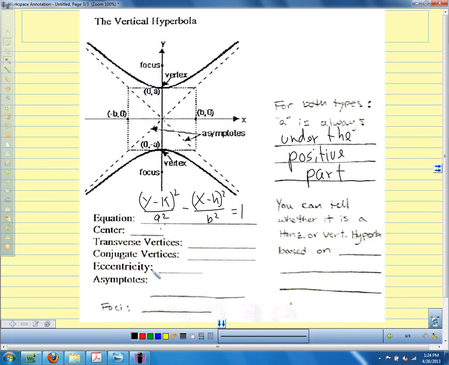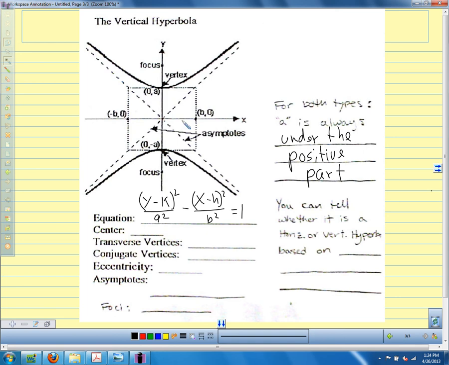Will there always be a positive and a negative? For a hyperbola, one is always positive and one is always negative. If they're both positive, then you have an ellipse. And we can tell if it's vertical or horizontal depending on which part is positive. So here the y is positive, so we have a vertical hyperbola.